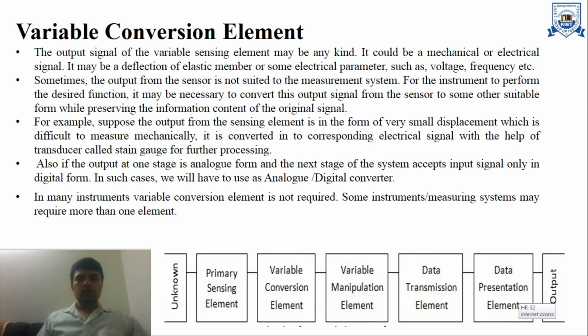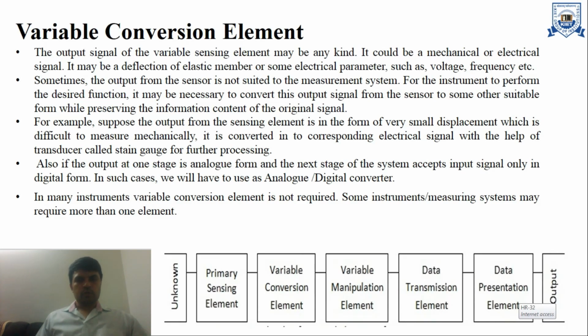For the instrument to perform the desired function, it may be necessary to convert this output signal from the sensor to some other suitable form while preserving the information content of the original signal.